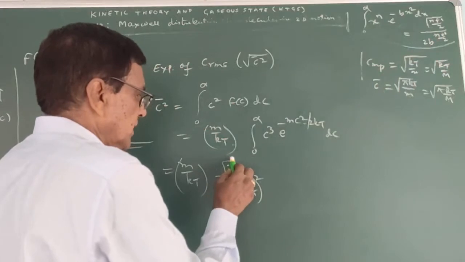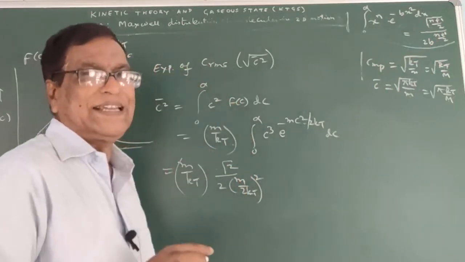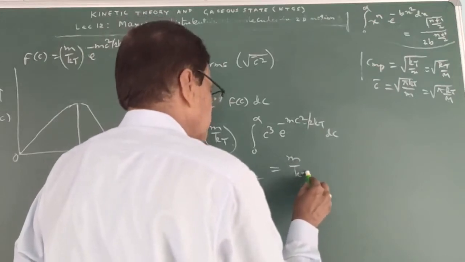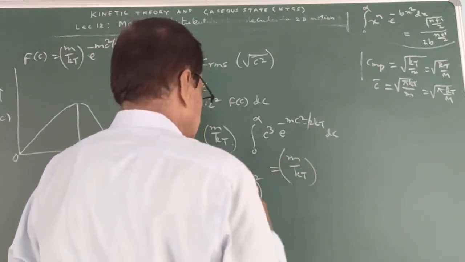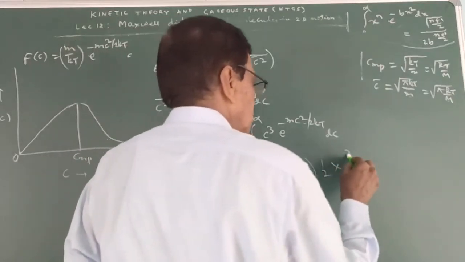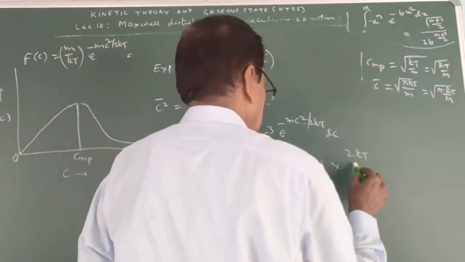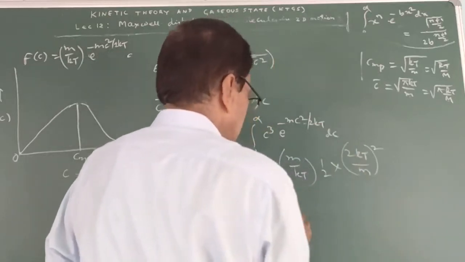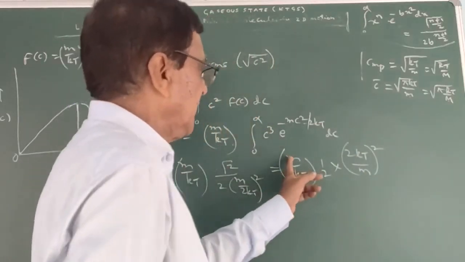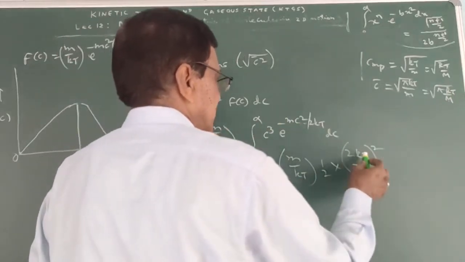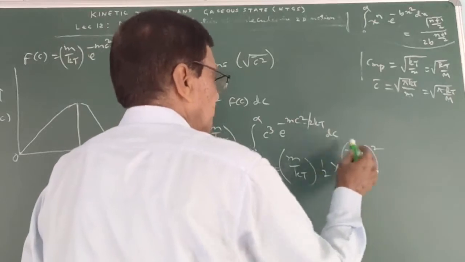Gamma 2 equals 1, so m by kT, and in this case half into 2kT by m squared. Then one m will cancel, and 2kT will be there.